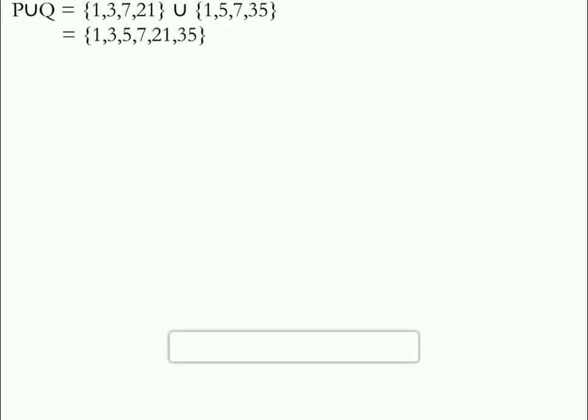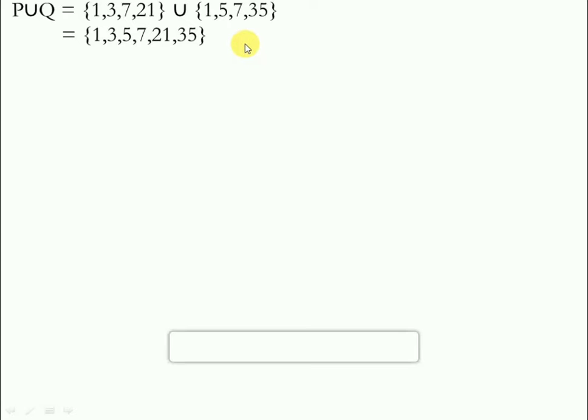So there are some common terms, 1 and 7, and excluding those, the other terms we also have to take. So we have written the terms here: 1, 3, 5, 7, 21, 35. So that is P union Q. So that completes number 14.